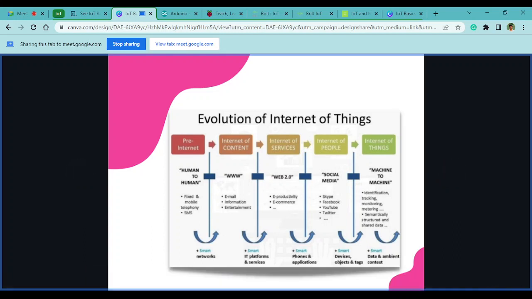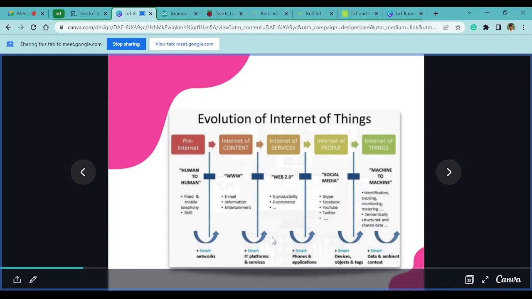So internet was present, but it took some time to actually use it for a real set of services, right? Whatever we use internet for, like ordering on Swiggy or Zomato or Amazon, these are all services on the internet. So this is the stage that we are talking about over here.